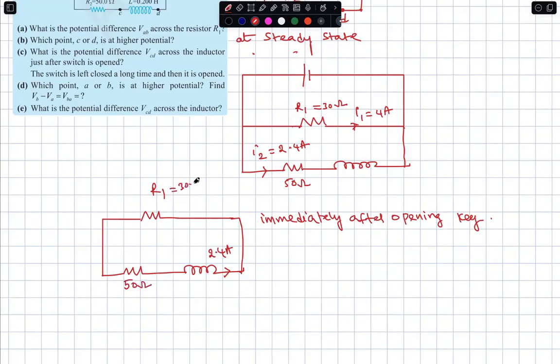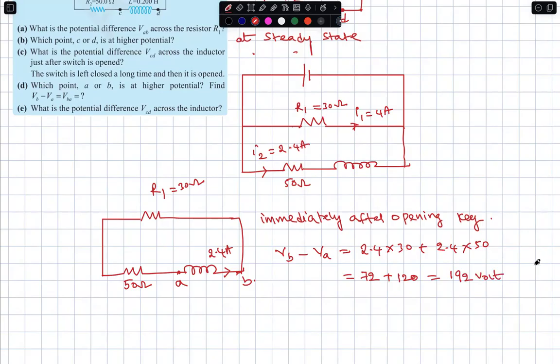This is 30 ohms. Now, between A and B, I can write VB minus VA like this: 2.4 into 30 plus 2.4 into 50. So this is 24 threes, 72, and 24 fives, 120, and this is nothing but 192 volts.